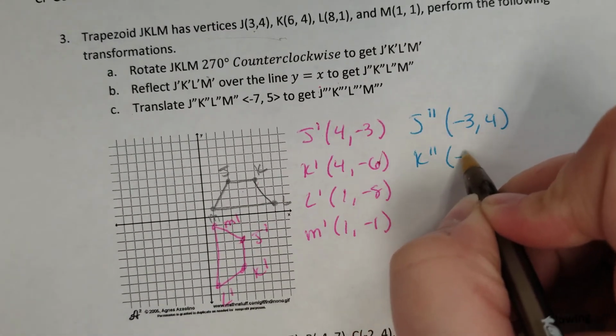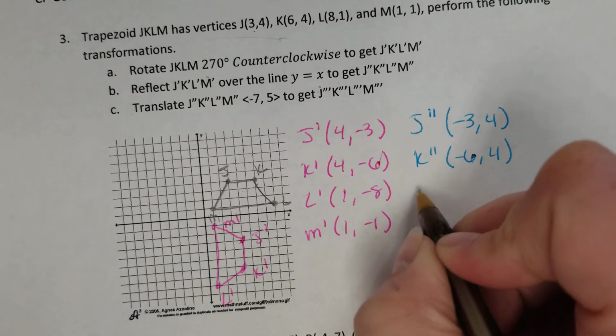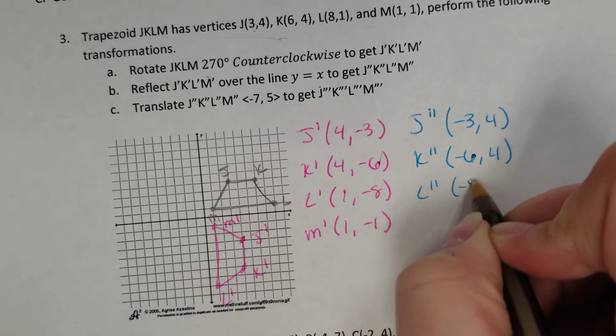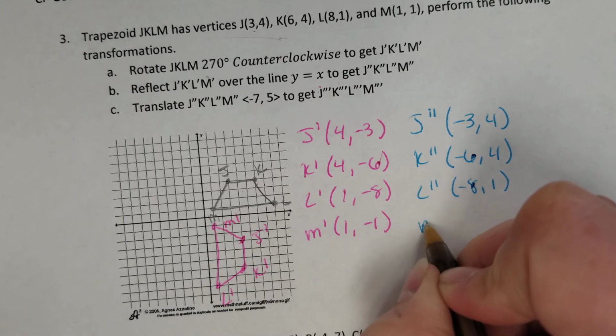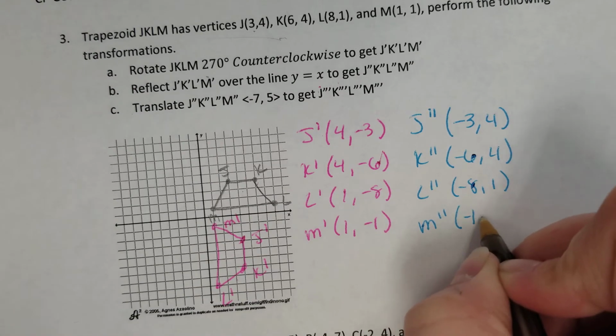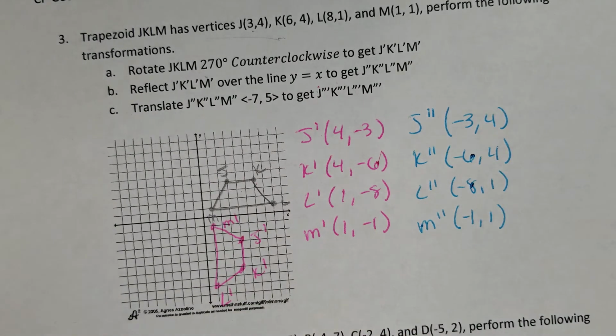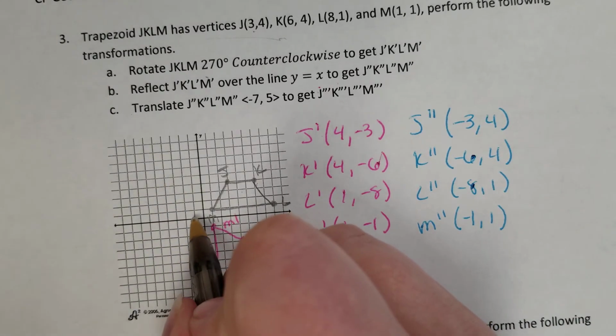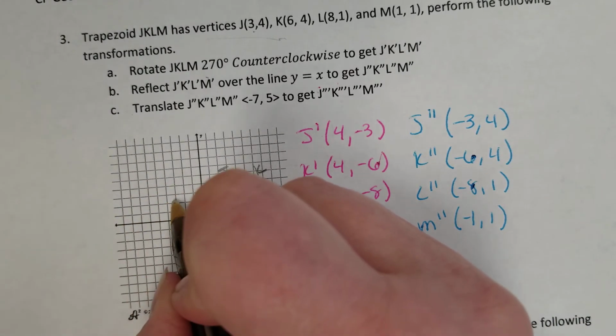K double prime is -6, 4. L double prime is -8, 1. And M double prime is -1, 1. All right. So you can go ahead and graph those points.